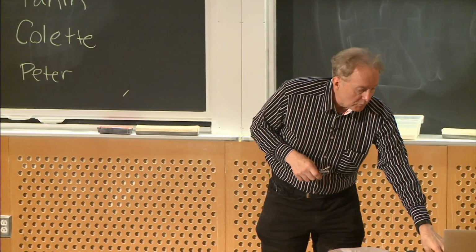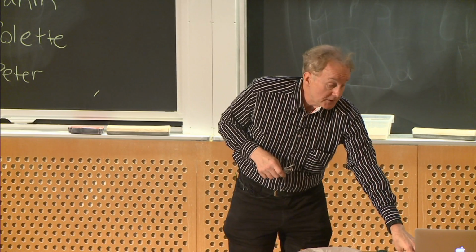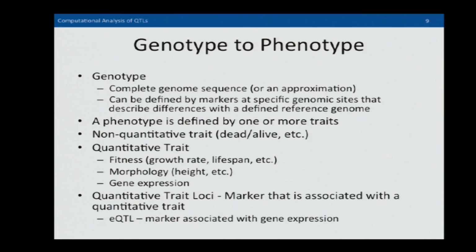So, a broad overview of genotype to phenotype. We're primarily going to be working with complete genome sequences today, which will reveal all of the variants that are present in a genome. It's also the case that you can subsample a genome and only observe certain variants.